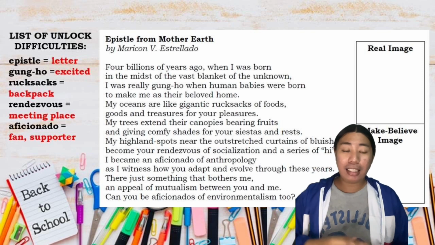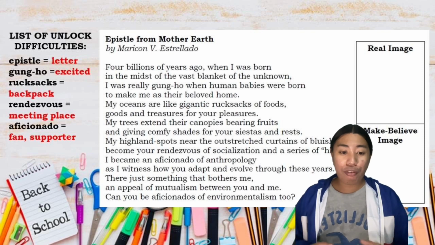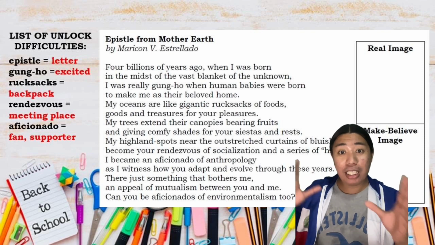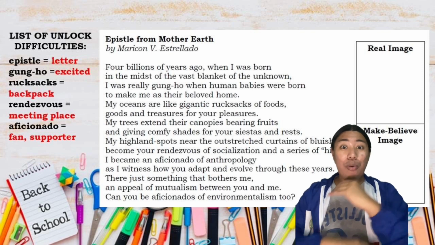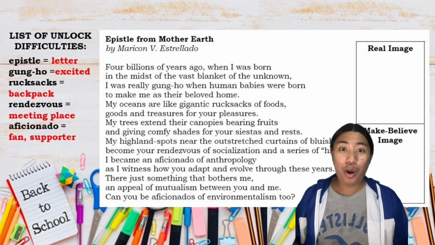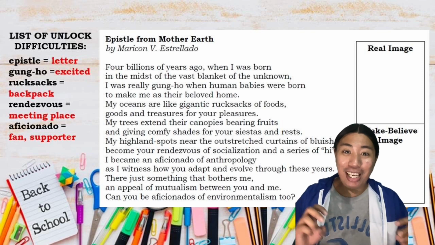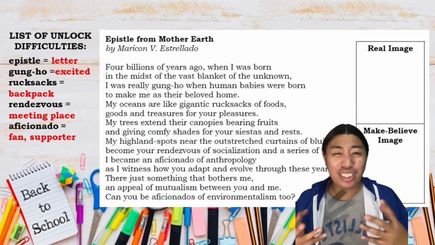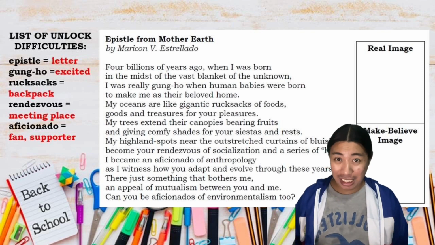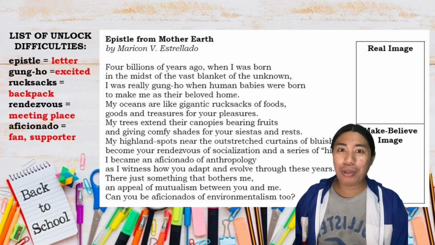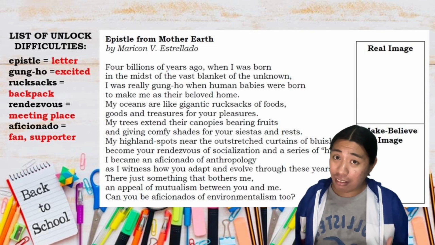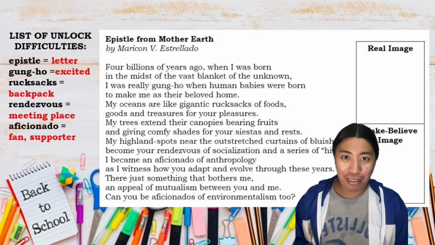Tapos, after that, you also need to draw for make-believe image gamit pa rin yung letter from Mother Earth. Gagawa kayo doon ng drawing na this time ay parang it exists in your imagination. Gumamit kayo ng exaggeration or modified images na make-believe pero may kinalaman pa rin siya sa poem na may pangalang Epistle or letter. Sulat mula kay Mother Earth.